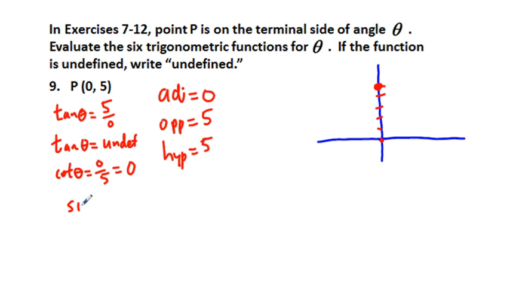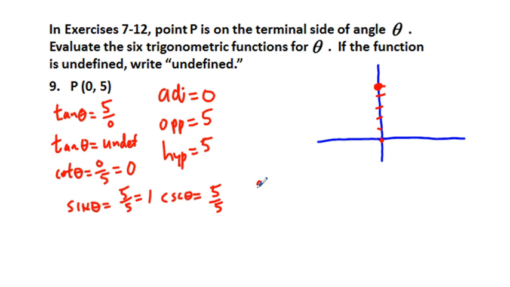Sine is going to be opposite over hypotenuse, okay, which is going to be 5 over 5, which equals 1. And cosecant is going to be the same thing, because cosecant is reciprocal.